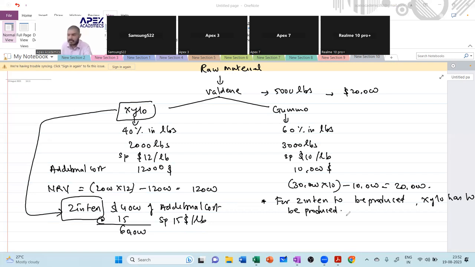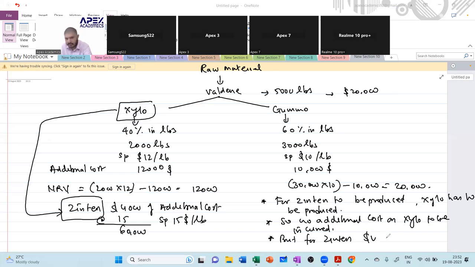Without producing Xylo, Zinten can't be made. Correct? Next. So no additional cost on Xylo is to be incurred. But for Zinten, $4,000 has to be incurred.